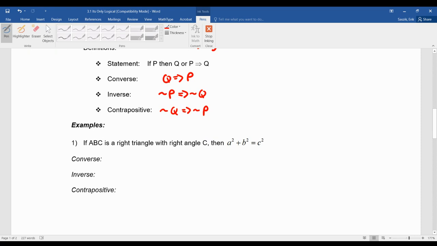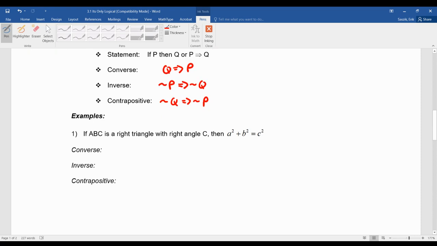Now let's look at an example here. Here's the original statement. If ABC is a right triangle with right angle C, then A squared plus B squared equals C squared. You guys are probably familiar with that, better known as the Pythagorean theorem. Now, we're not going to worry about the truthfulness of the following three statements, but every statement has a converse.